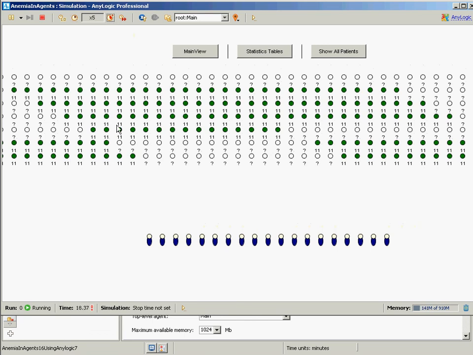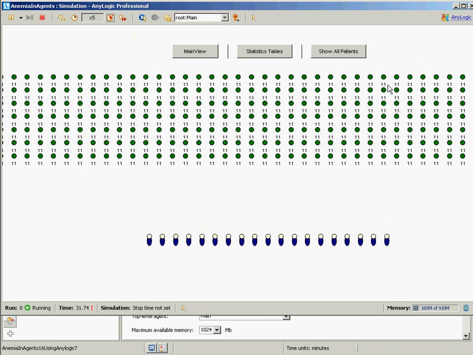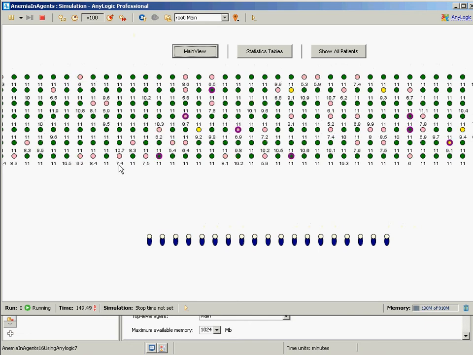Providers down here have patients who are going into various states. So a given patient over time, their hemoglobin levels are shown here, and they're classed into one of a set of categories of whether they're safe levels or whether they're viewed as dangerous levels. Here we can look at various outcome measures associated with the patients.